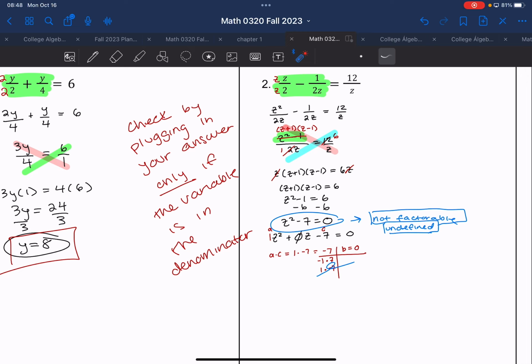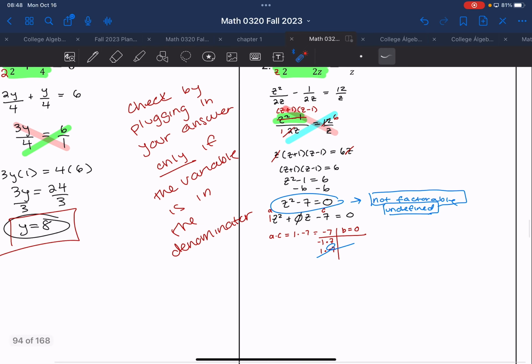There are no restricted values. So the only reason I'm saying that this is not factorable, undefined is just because we haven't talked about the concept of the quadratic formula yet. If we would have already talked about the quadratic formula, we could use it to solve this, and it would end up with probably a very small decimal or an imaginary number. We just don't know, since, again, I haven't covered it yet in this course.